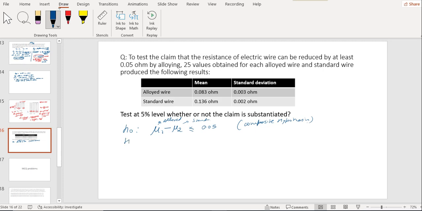And the alternate hypothesis is greater than 0.05, which means it is not reduced, rather it increases. So their claim is not substantiated.